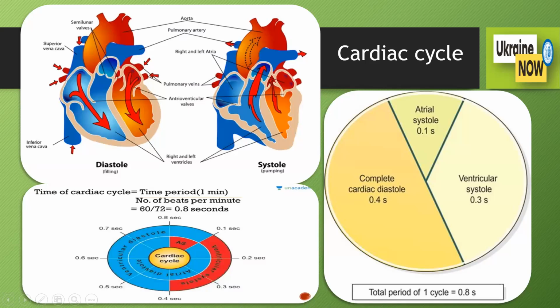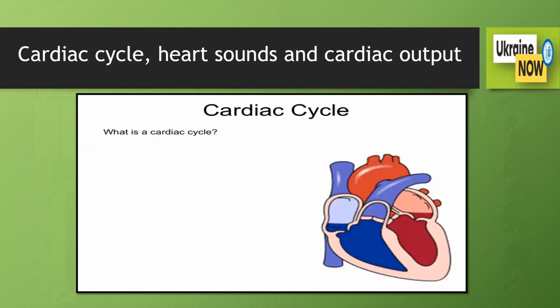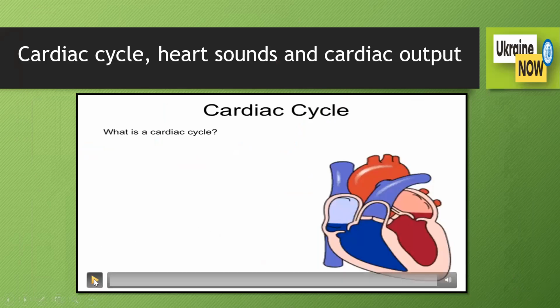Atrial systole lasts about 0.1 second, ventricular systole lasts about 0.3 seconds, and complete diastole lasts about 0.4 seconds. Consequently, together the whole period of the cardiac cycle takes 0.8 seconds. Now, let's watch a video about the mentioned information.